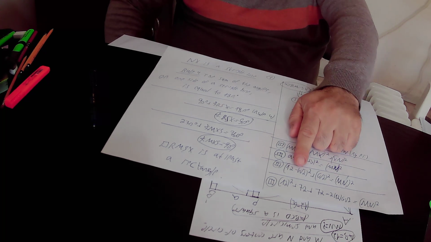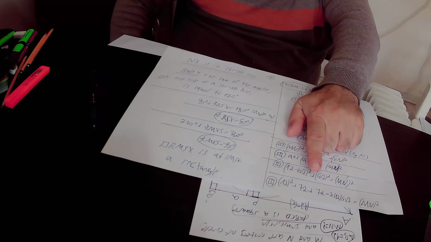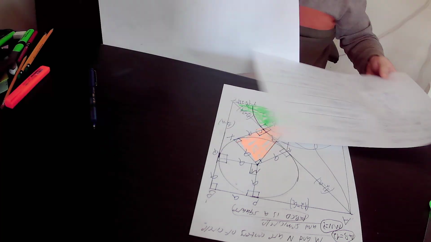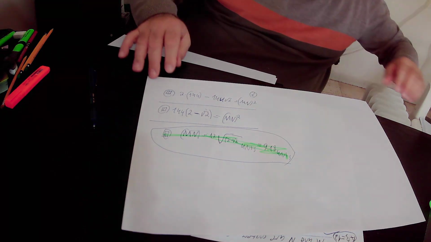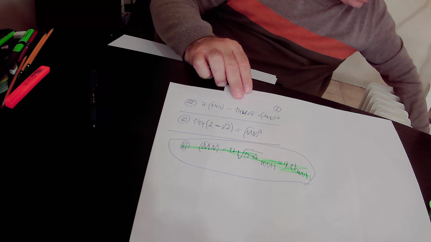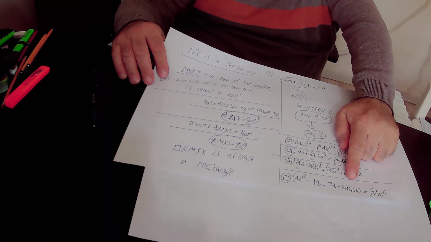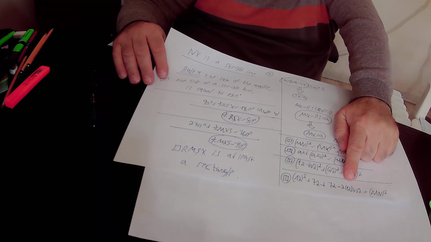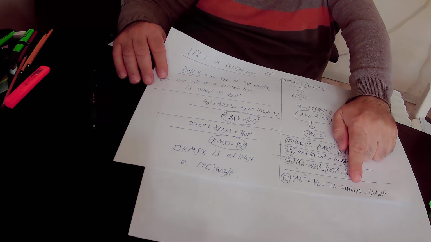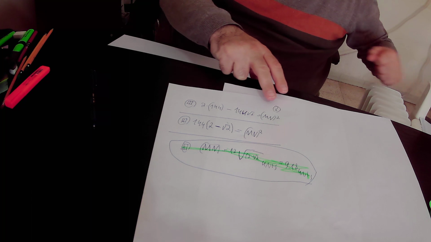Here 12 squared is 144, 72 plus 72 is also 144, so 144 plus 144 is 2 times 144. So in conclusion, according to equation number 3, 2 times 144 minus 2 times 6 is 12, 12 times 12 is 144, so this expression equals minus 144 times square root of 2, that equals MN squared.